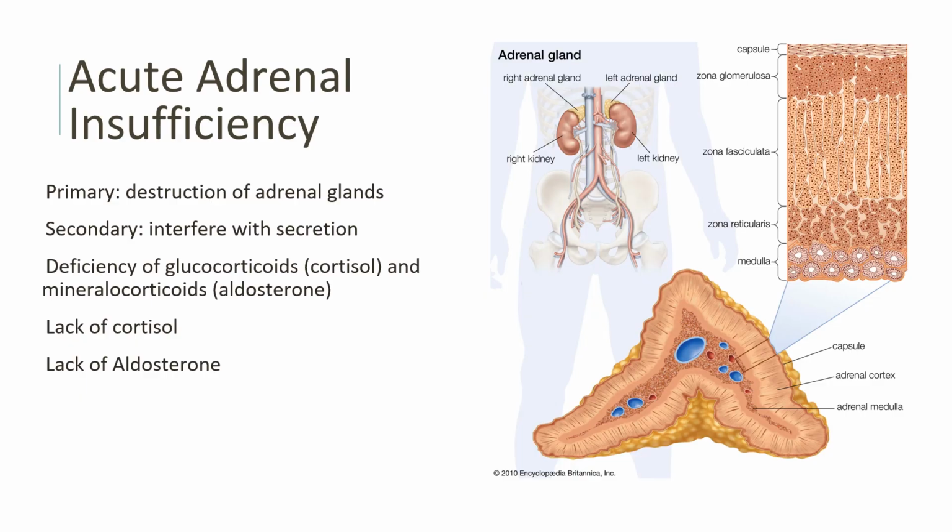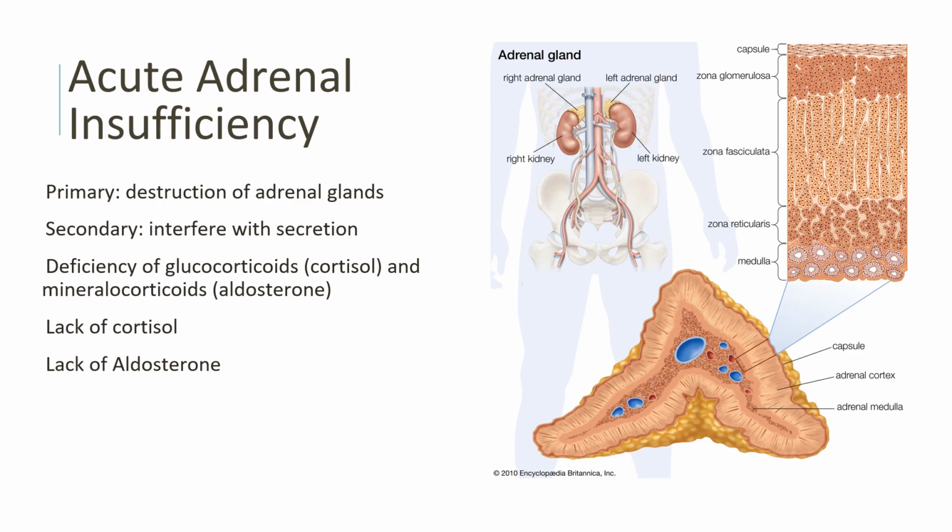Okay, so now let's talk about the adrenal disorders. This slide just provides a little bit of a summation of what you should be thinking about with acute adrenal insufficiency. Most of the time you're going to see it from a primary component where there is direct assault or some type of destruction of the adrenal gland.